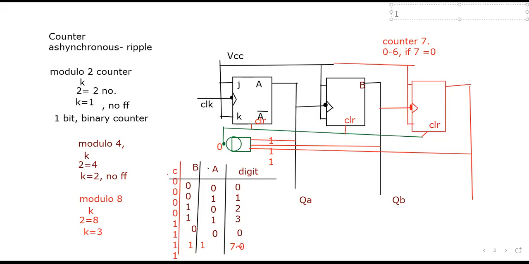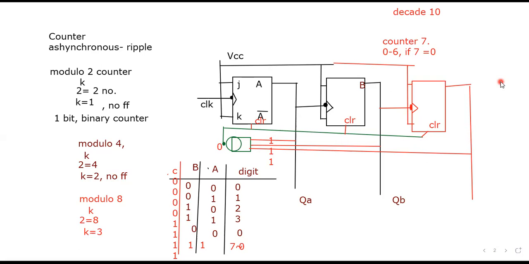If it is a counter of 10, say a decade counter of 10, we have to use 4 inputs first. See, the mechanism would be the same. We require 4 for a counter of 10, since 2 raised to 4 equals 16.